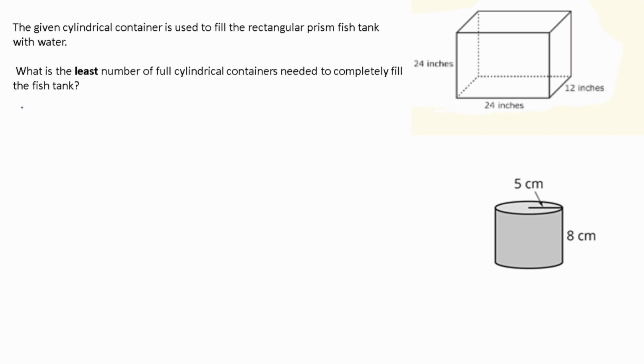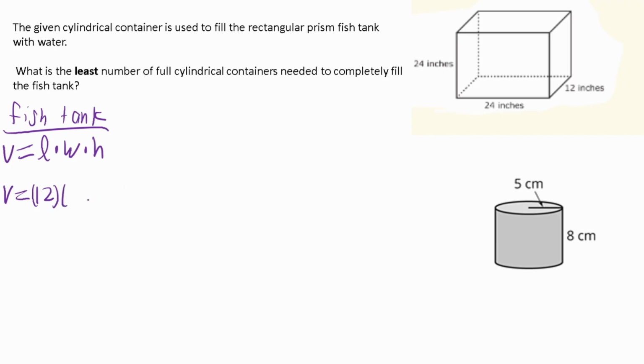So let's do the fish tank, which is a rectangular prism. So the volume formula is length times width times height. So we plug in our numbers. The length, let's say, is 12 times the width, 24, times the height, also 24.